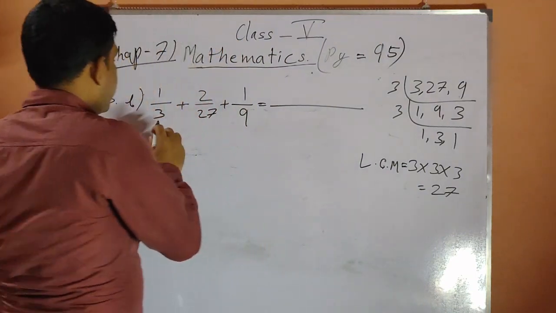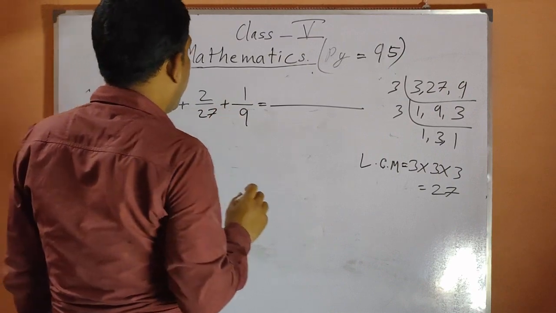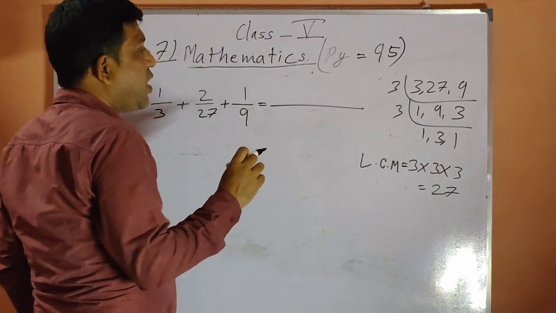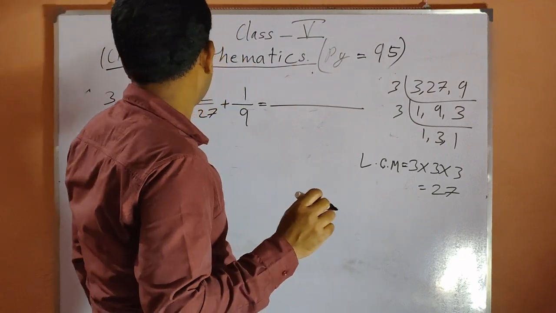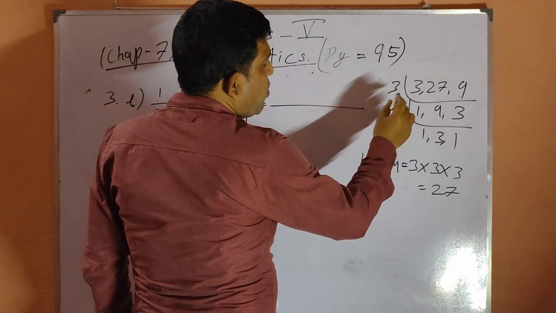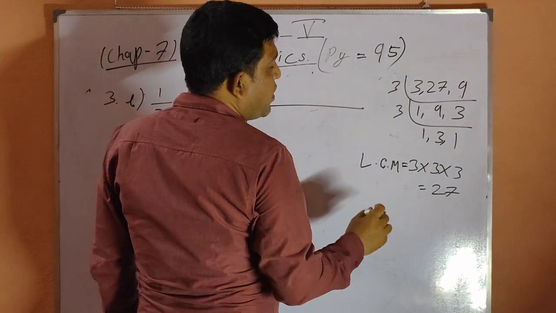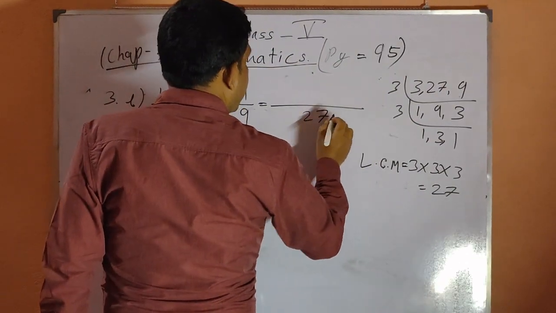You see here 1 by 3 plus 2 by 27 plus 1 by 9. That means you have to make the LCM of the denominators 3, 27 and 9. You get 27.